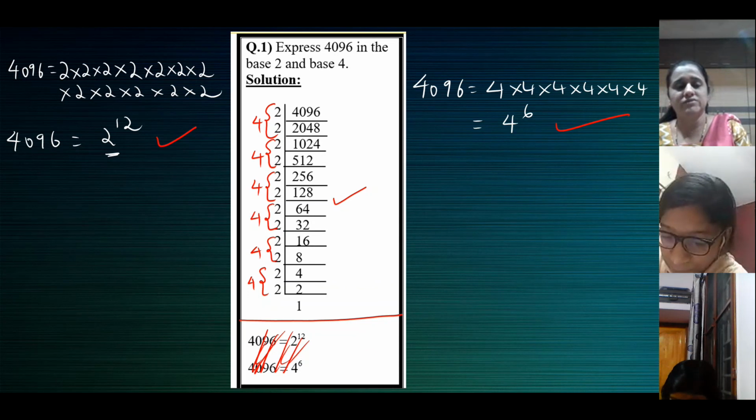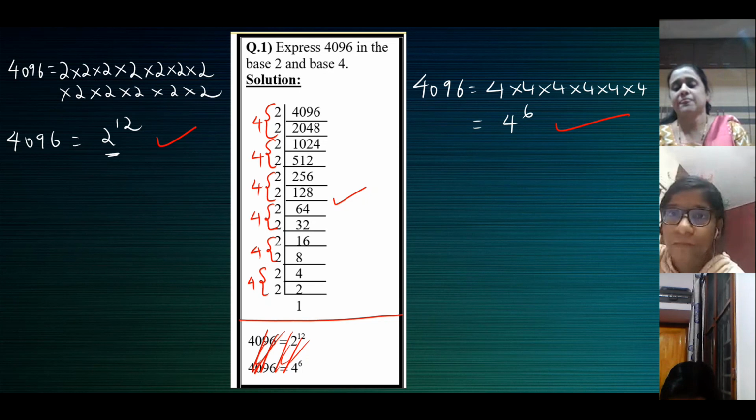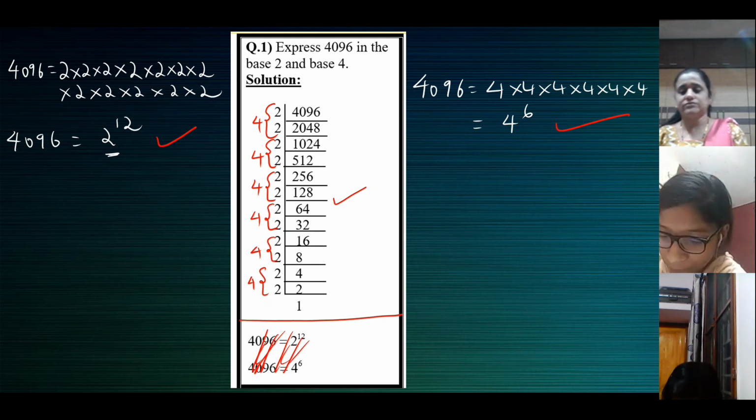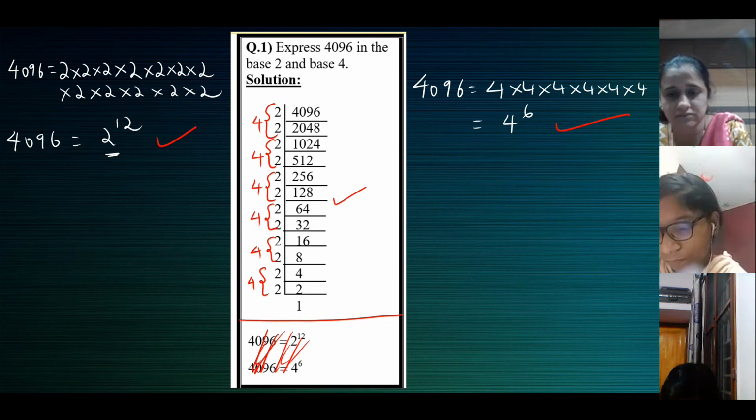In base 2, the base is 2 and power is 12. In the other case, the base is 4 and the power is 6.